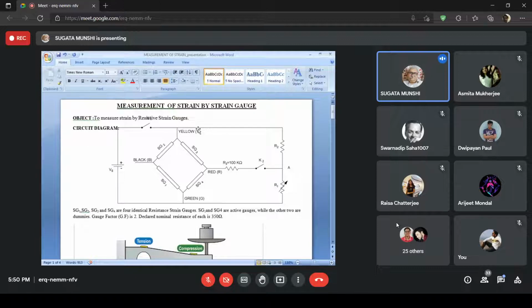Rather, when this complete bridge is balanced under no load condition, R2 is selected as 350 ohms. That is fixed. Therefore, if SG1 has a nominal resistance of 350 ohms, the value R1 should also be 350 ohms. But because SG1 will not have 350 ohms value, R1 will have some other value, maybe 350.1.